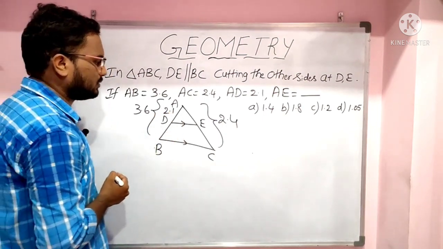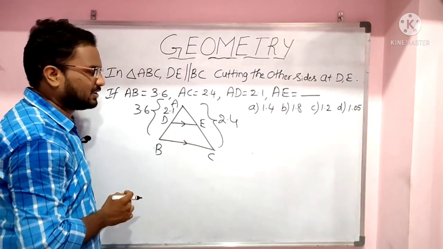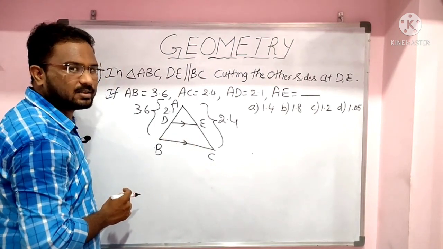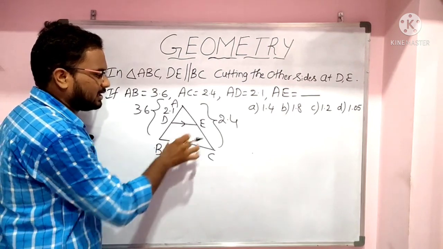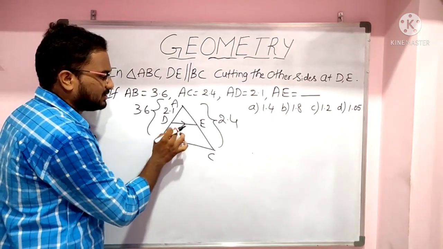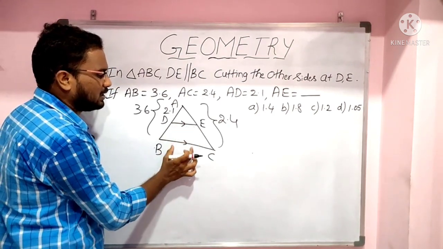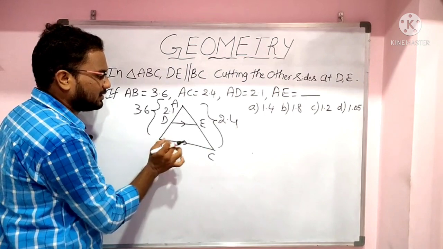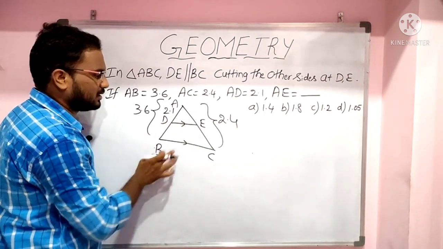So here these two are parallel. We have a theorem, the basic proportionality theorem. That theorem states that if a line is drawn parallel to one side of a triangle, then that line divides the other two sides in the same proportion.